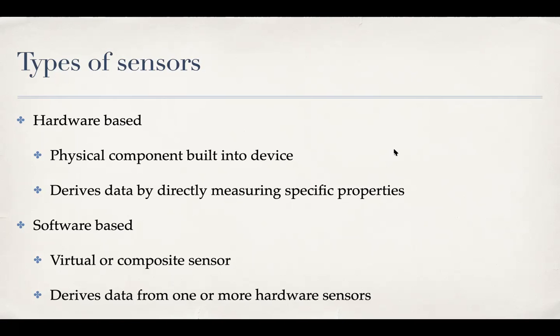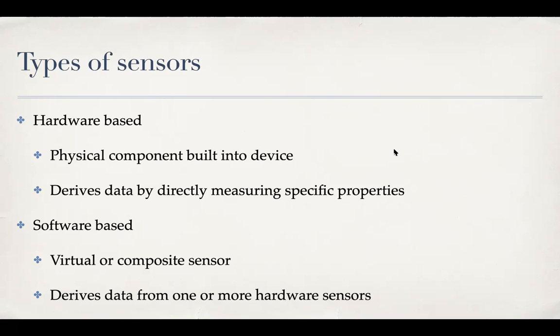Then you have software-based sensors, which are not physical devices, but they mimic some hardware capabilities. They can be virtual or composite, as in they can report the data based on more than one sensor. Examples include creating some synthetic information for orientation change, which may combine multiple physical sensors underneath. So these are the two types.